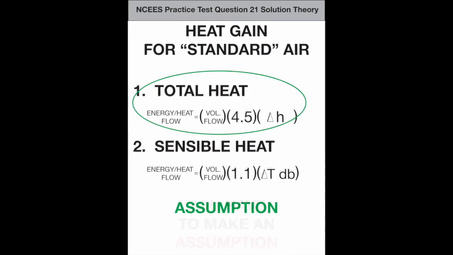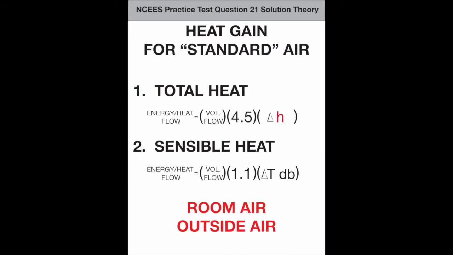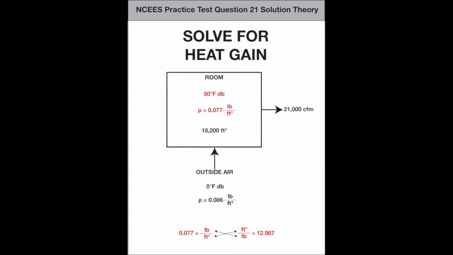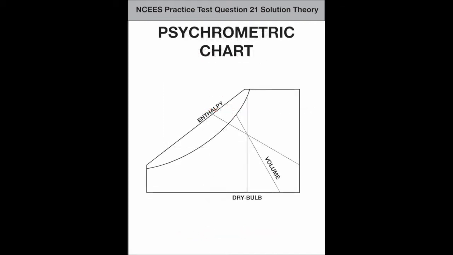To solve for total heat gain, find the enthalpies of the room air and the outside air on a sea level psychrometric chart. At 50 degrees dry bulb and 0.077, the volume is 12.987. The intersection of 50 degrees dry bulb and 12.987 is an enthalpy of roughly 19.7 BTU per pound.